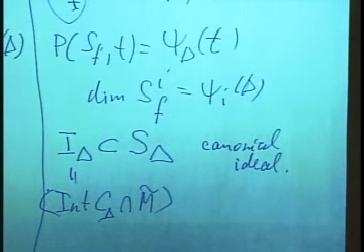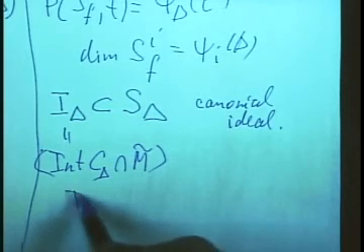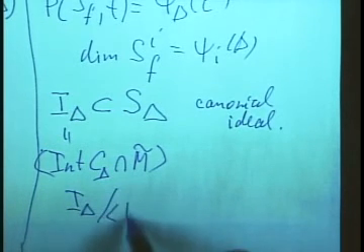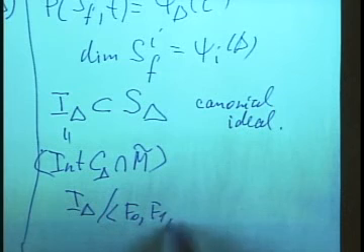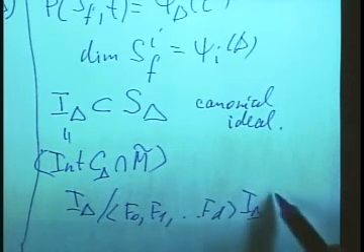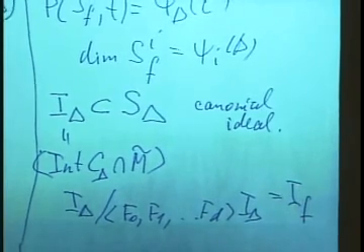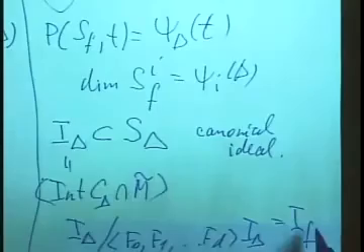There are some references in commutative algebra, Grothendieck duality theorem, where it's used. Most importantly, you can apply the same procedure as you did for the ring S delta to this ideal. You can consider it as a module and divide by a regular sequence. And what you will get is a module, which I will denote by I F. It will be a graded module over this graded ring.